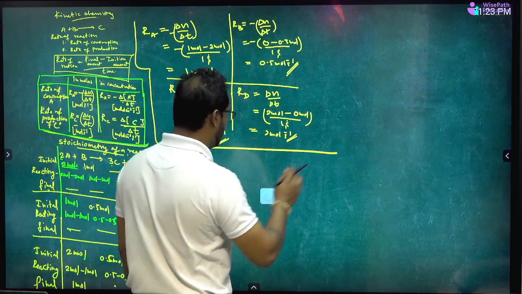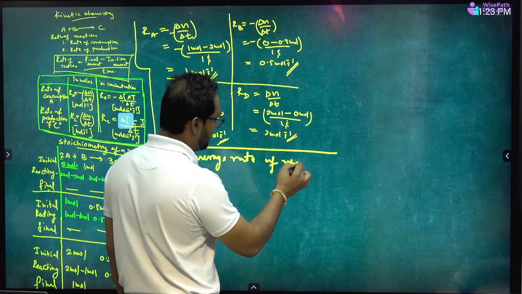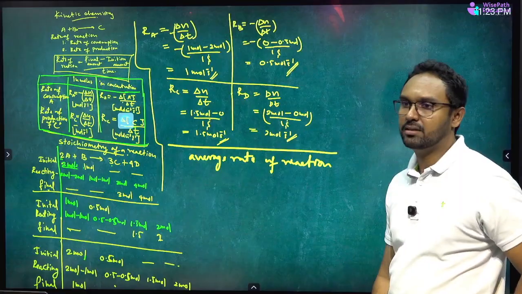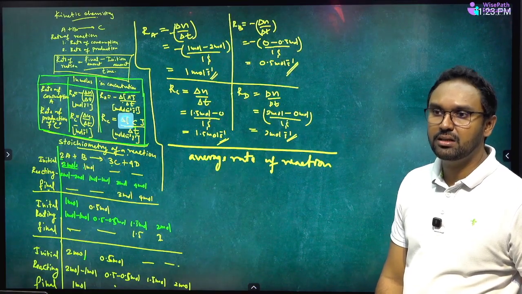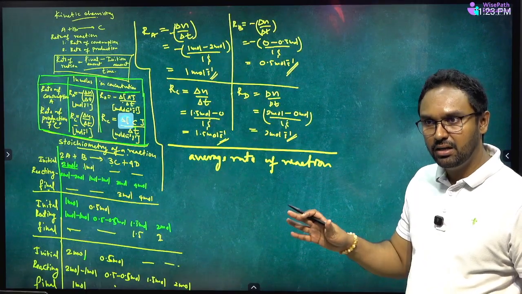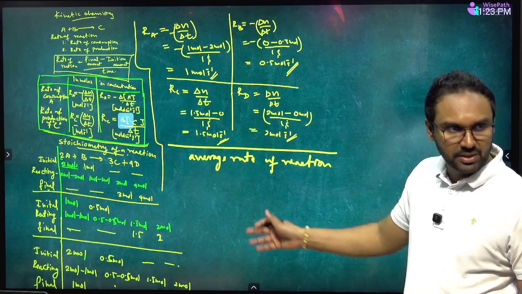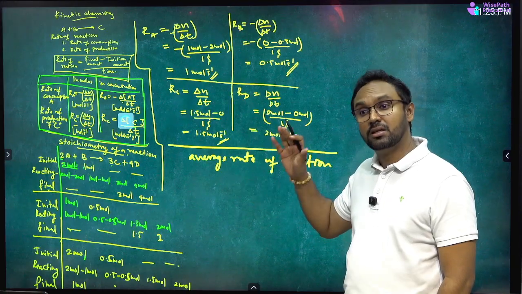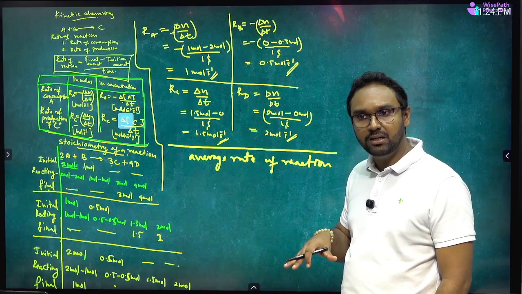The average rate of reaction is a common rate of reaction for all the reactants and products, independent from the stoichiometry. It gives the same value for each and every reactant and product, independent from the stoichiometric value, because the rate of reaction changes because of the difference of the stoichiometry.